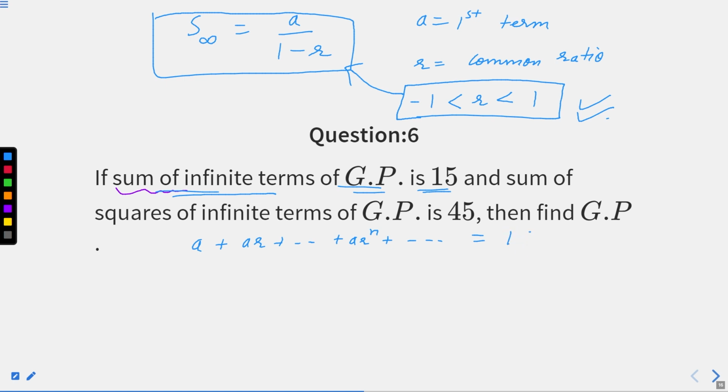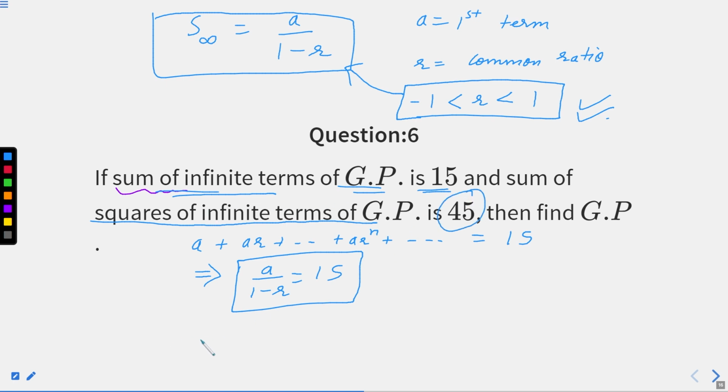So from the formula, A upon 1 minus R is equal to 15. Easy? Yes. The other piece of information is the squares of infinite terms: we square the individual terms and then add them, and this results in 45.